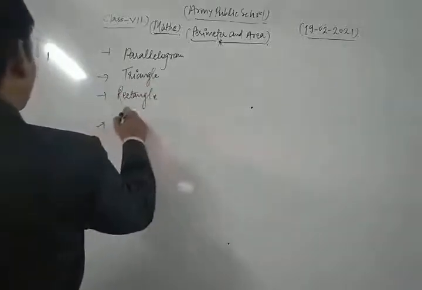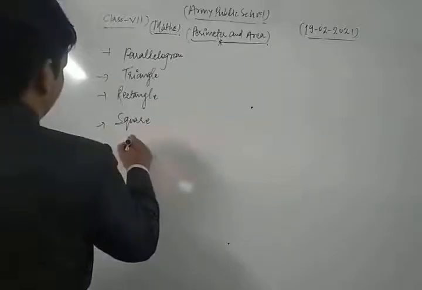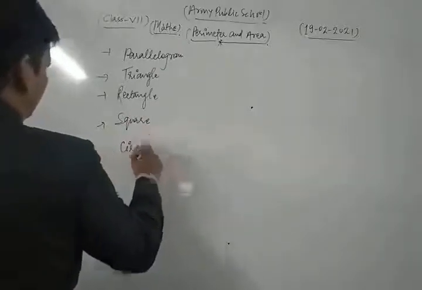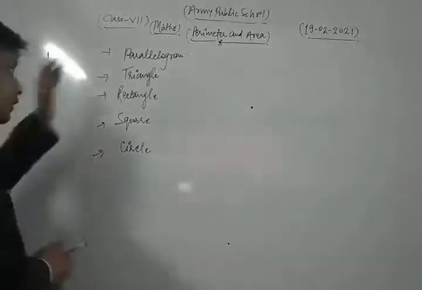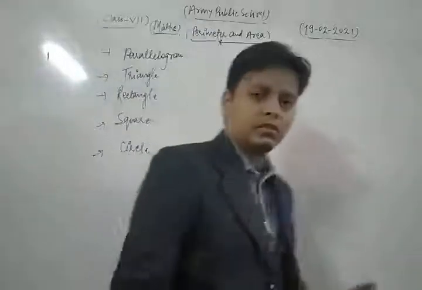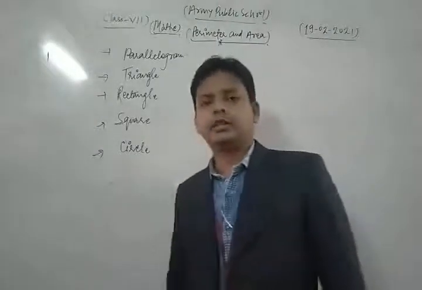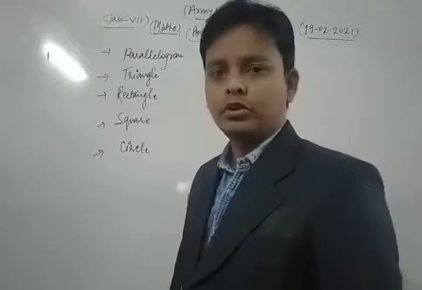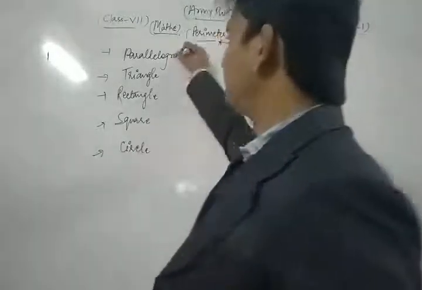Then the square, and then the circle. So in that chapter we discuss all the important shapes, and after that we solve some important questions of your syllabus based on these topics. First of all, we discuss the parallelogram.